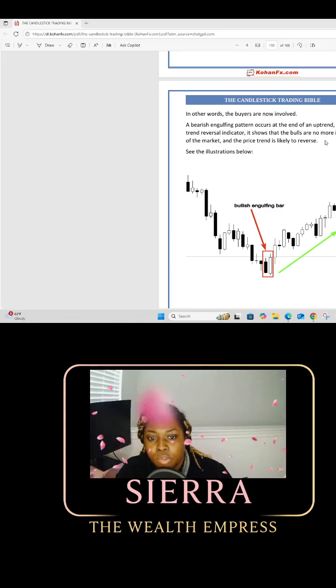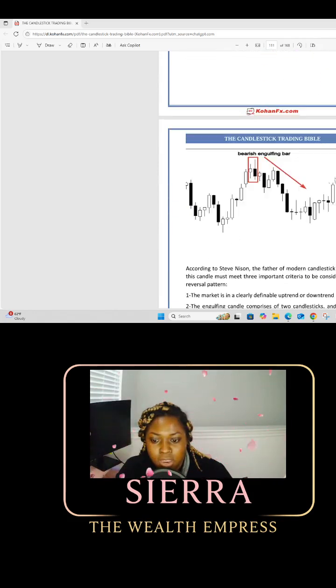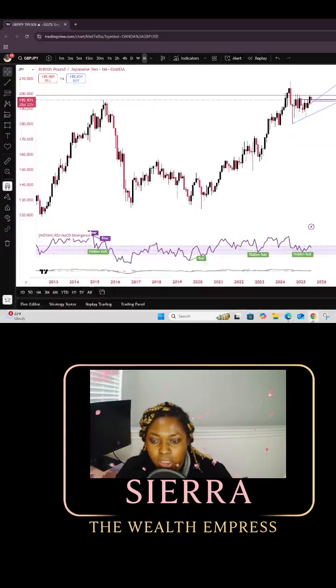It shows that the bulls are no more in control of the market and the price trend is likely to reverse. All right. So bullish happens at the bottom of a bearish trend because price is reversing. And then bearish happens at the top of an uptrend because price is reversing. And I can show you on the chart. We can go to GU.